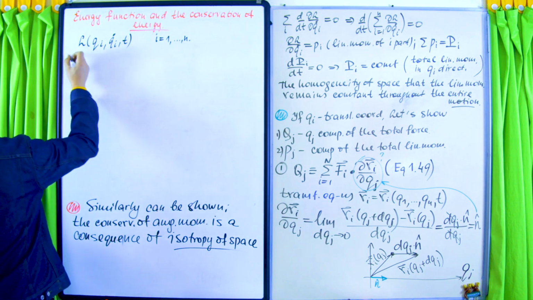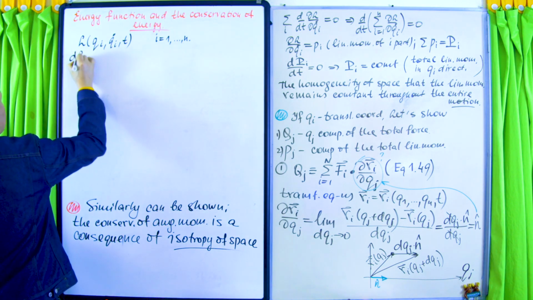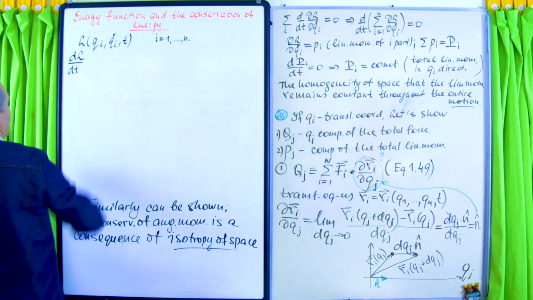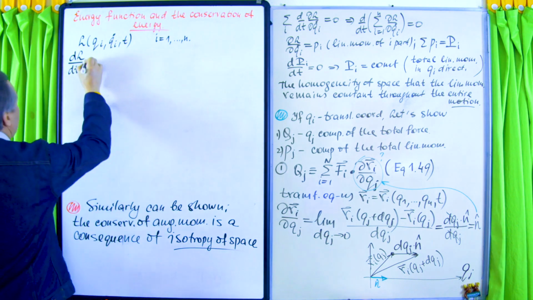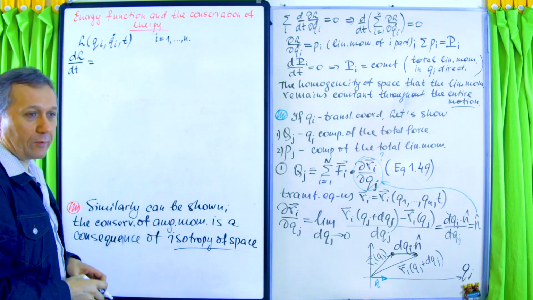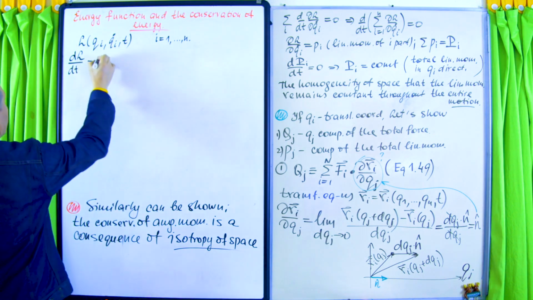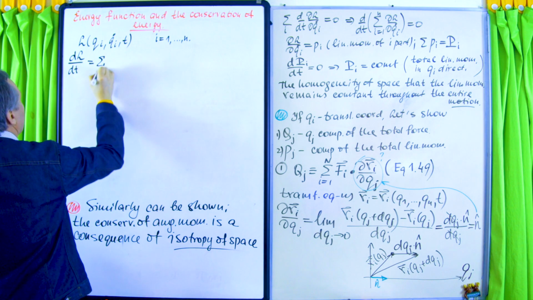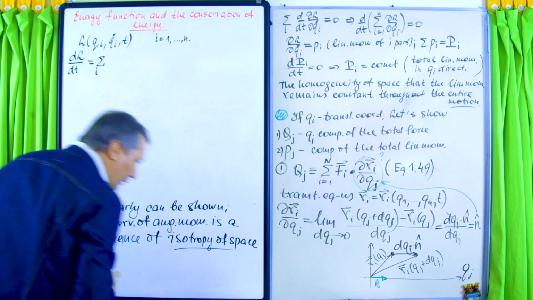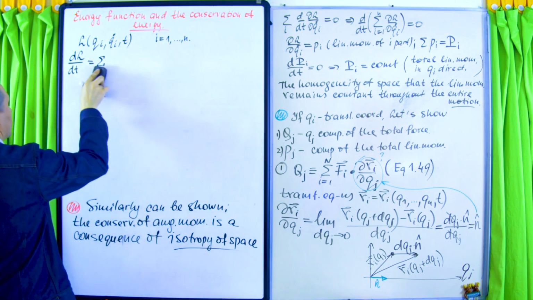So dL over dt, just for fun, in a search for some trouble, right? Of course, total time derivative, and time dependence is possible everywhere, so we need to carefully differentiate it, right? So it will be a summation over j.